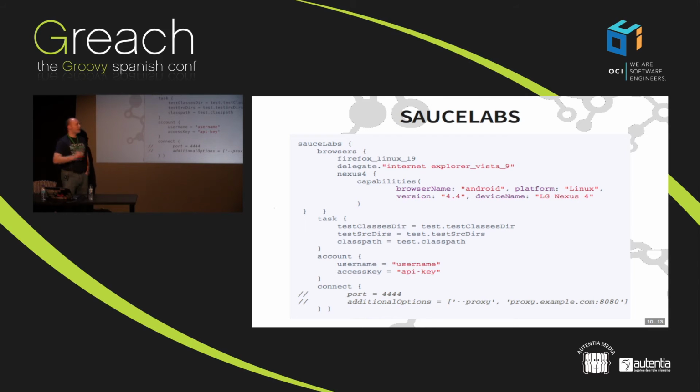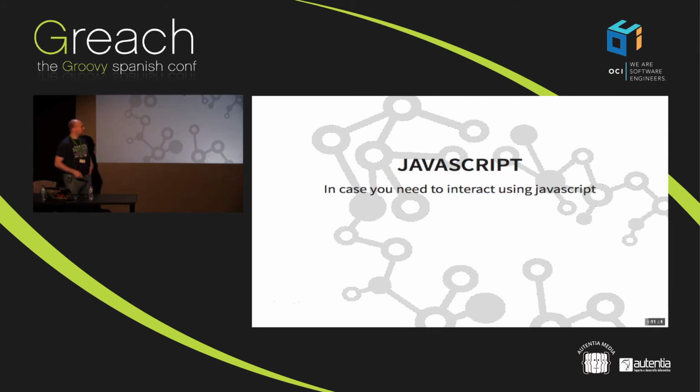So you just add them down there, including the different capabilities that you want. Of course, you should input your username and your API key. If for any reason you don't want to run this on port 4445, which is the default Sauce Labs port, you can specify some different connection. If you run it through a proxy, all of that is available. So pretty neat and easy to set up.